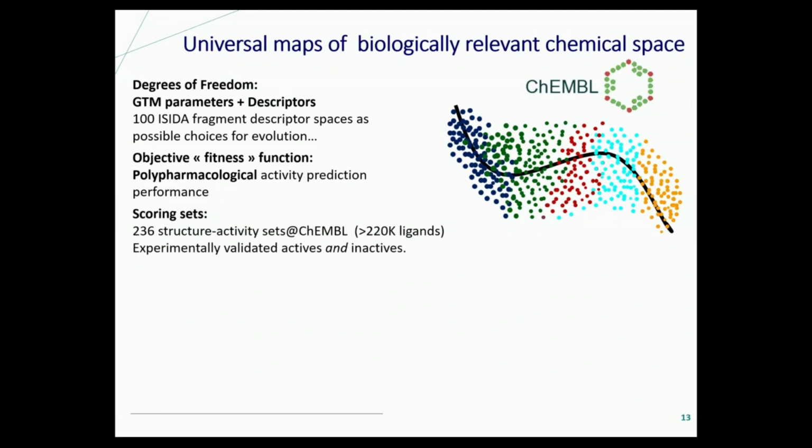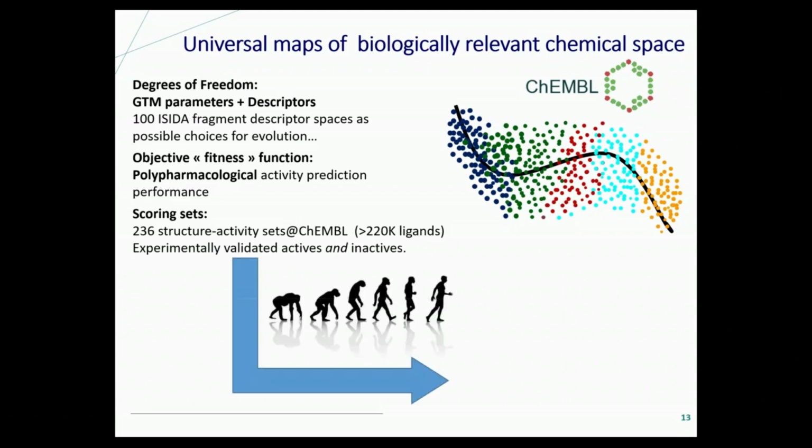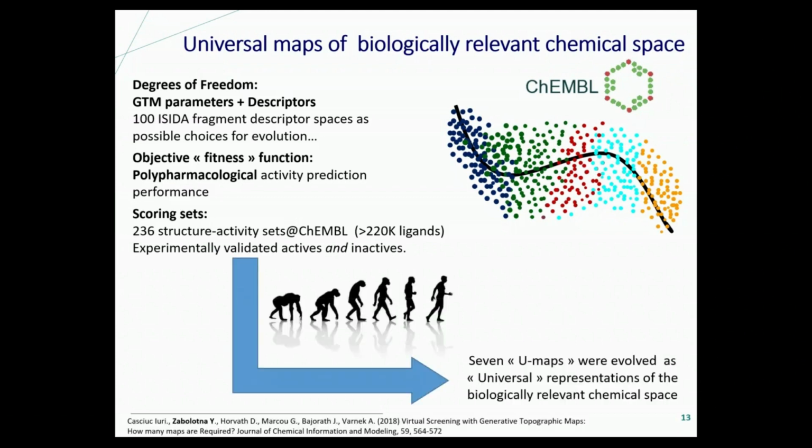So we fished out more than 200 structure activity sets from ChEMBL, and we asked the genetic algorithm to find us a map that works as well as possible for each of these individual prediction problems. Because this is the beauty.